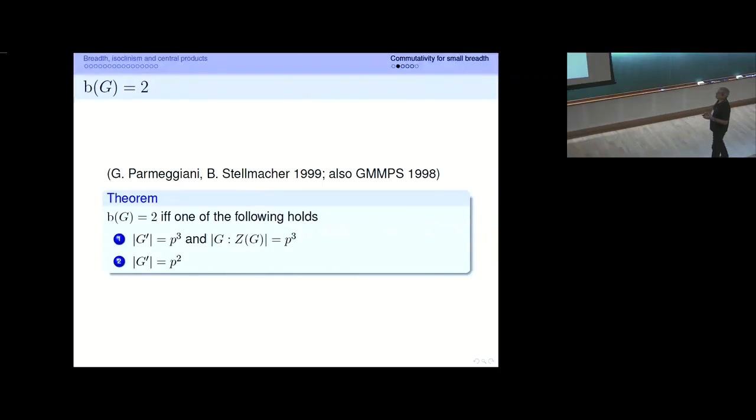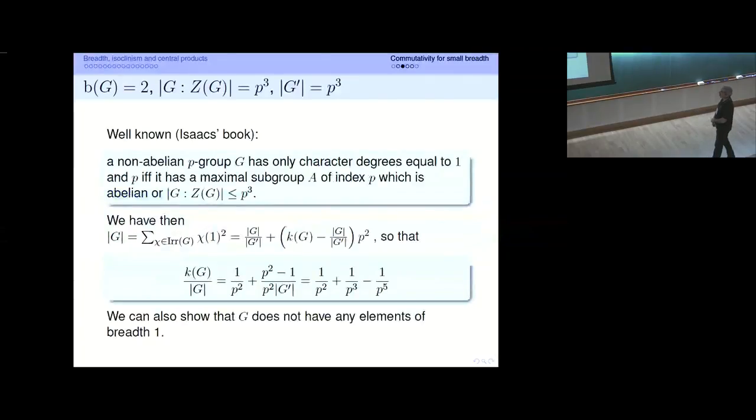So basically, there are two possibilities. Either the index of the center of G is very small, or the order of G prime is very small. That's still reasonably simple to treat.